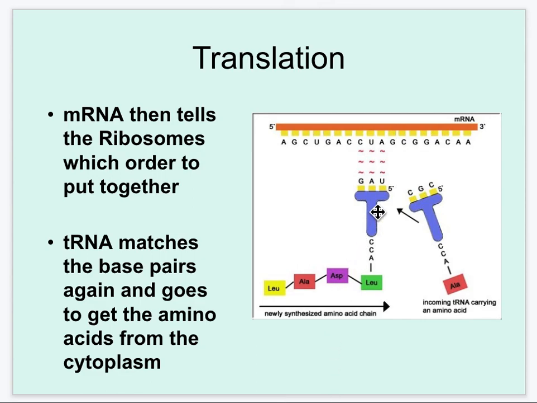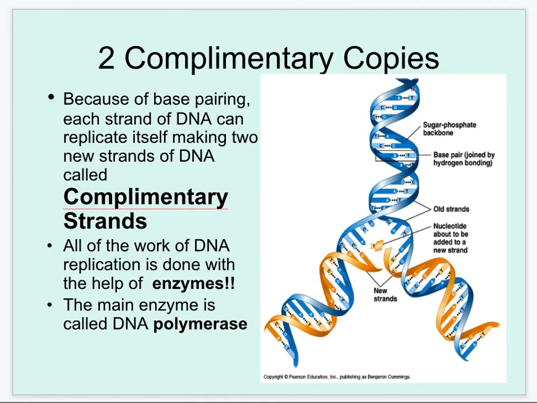Okay, these little tRNAs are going into the cytoplasm, and it's reading the code on the mRNA, and that code specifies a certain amino acid. And remember, when you line up amino acids, when you make an amino acid chain, that's how you make certain proteins.